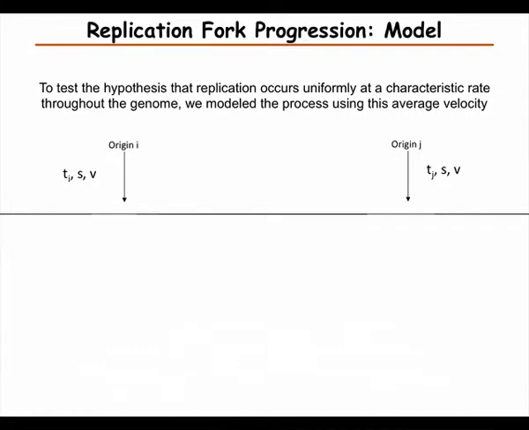We have the binding at the origins, and then they start moving out, and when they collide, they fall off because they're done. This is an extremely simple model, and we can quite easily implement this as an agent-based model. We have the binding at different origins, we have a velocity, and we have a certain timing.